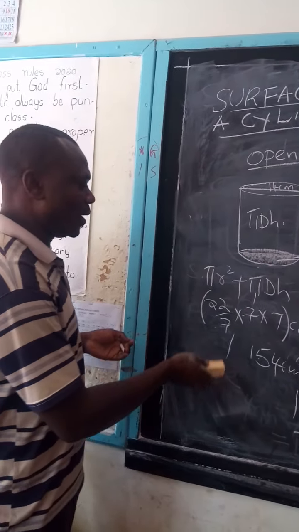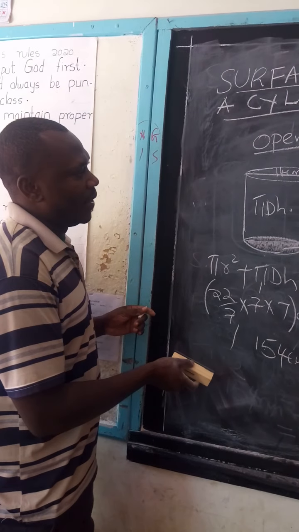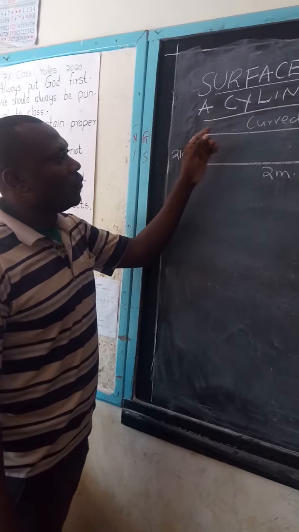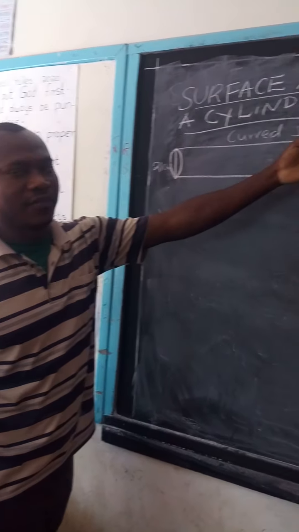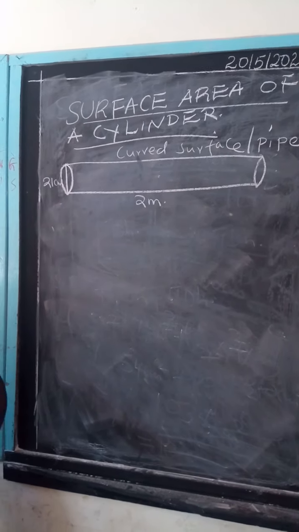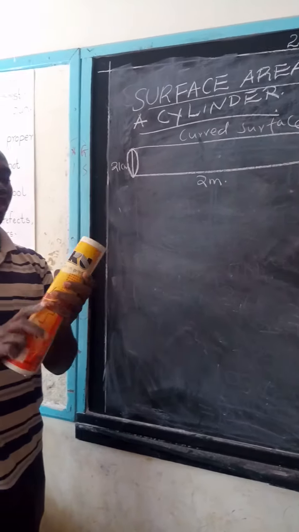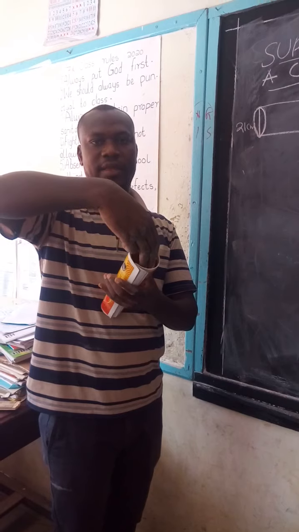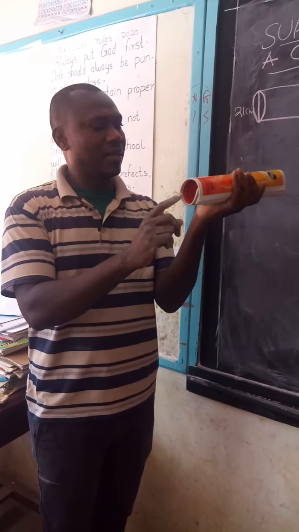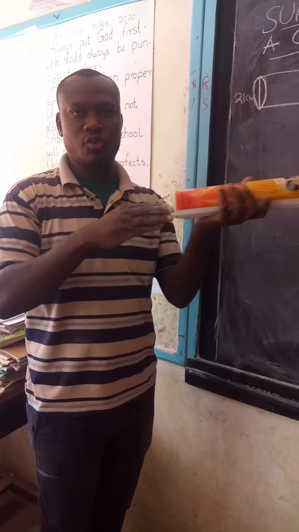Let's move to the last one, which is the curved surface. In this one, now we talk about the third one, the curved surface. Curved surface means it is only this part here that we are touching. It lacks the lids at the ends. So no lid at this end and at this end. It's just a throughway.